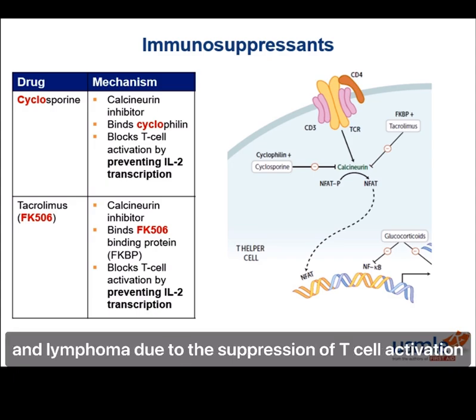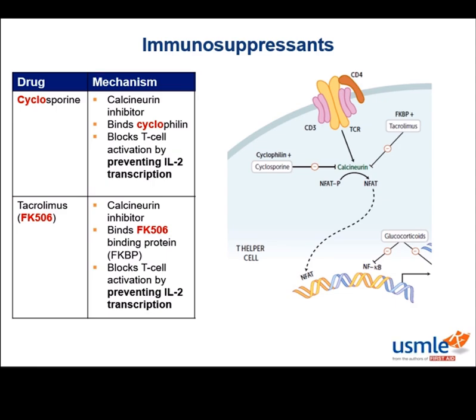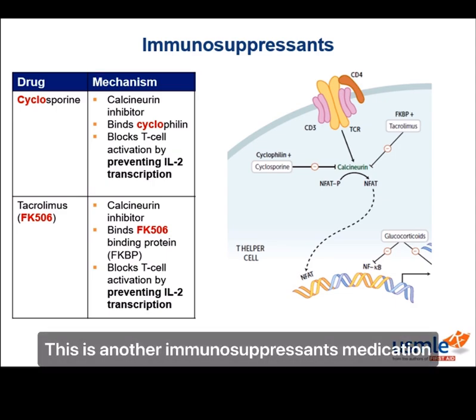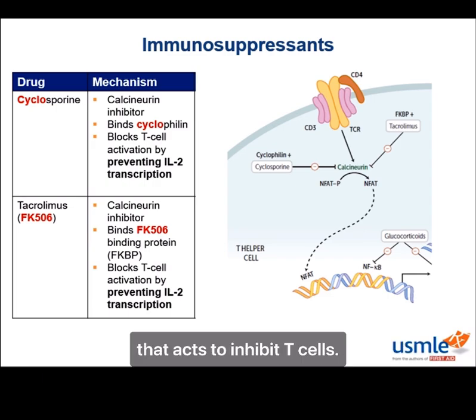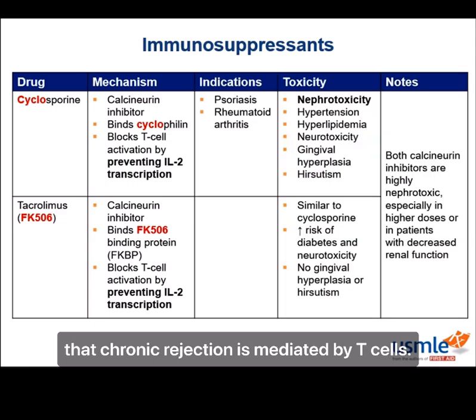Now, tacrolimus is another immunosuppressant medication that acts to inhibit T cells. Tacrolimus acts very similarly to cyclosporin. However, it mediates its effects using second messenger proteins called FK binding proteins instead of cyclophilins.